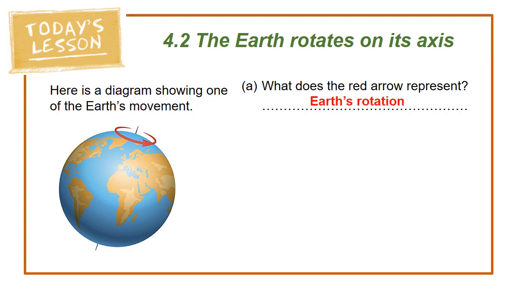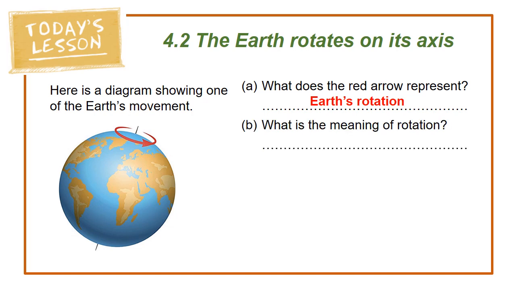If you say Earth's rotation or rotation, then you are correct. Question number B. Letter B. What is the meaning of rotation? Rotation is the movement of Earth round its axis.